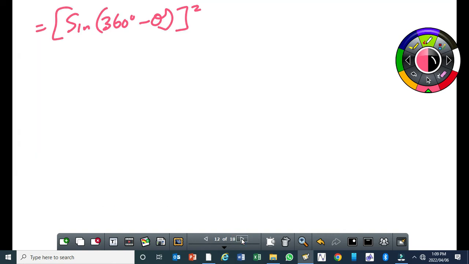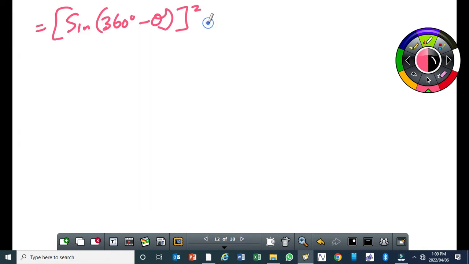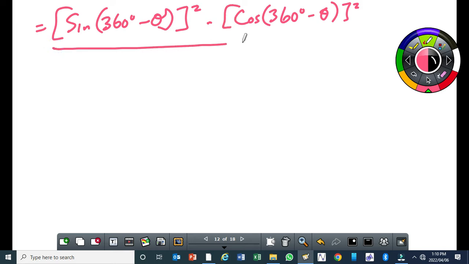Okay? Then times cos squared of 360 minus theta, which I can rewrite as cosine of (360 degrees minus theta) all squared, like that. This is all over.